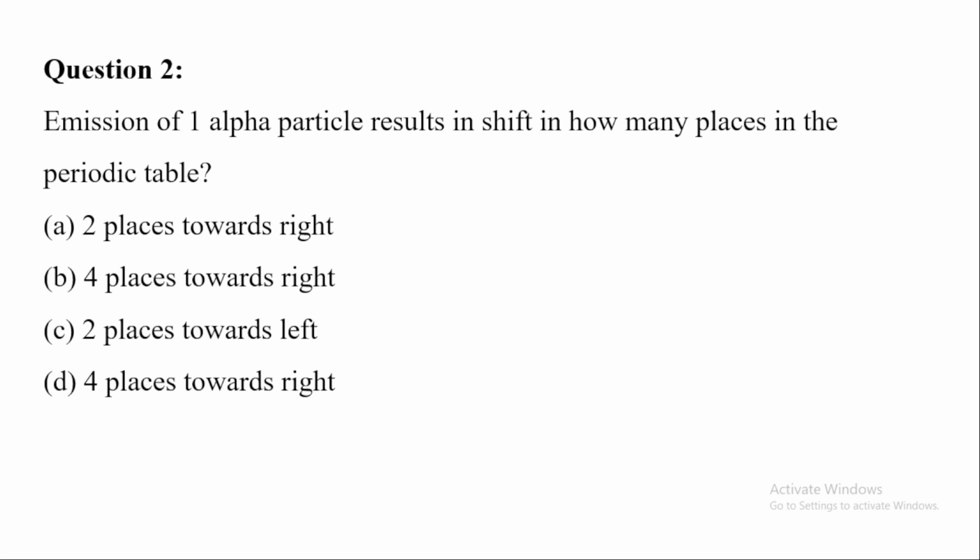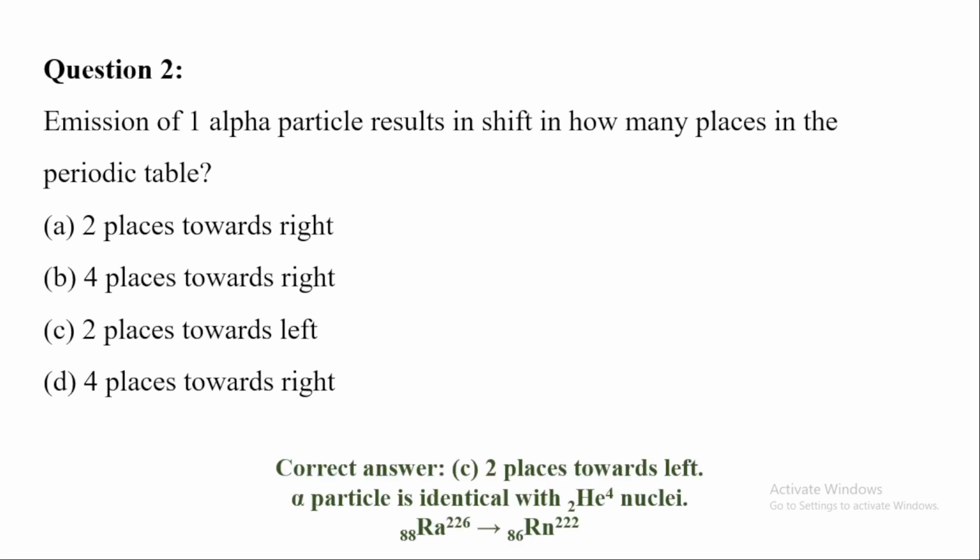So if an alpha particle is emitted out of the element, what will happen? It will shift 2 places towards the left in the periodic table. Why? Because an alpha particle is identical with the helium nuclei, and in a helium nuclei the atomic number is 2.